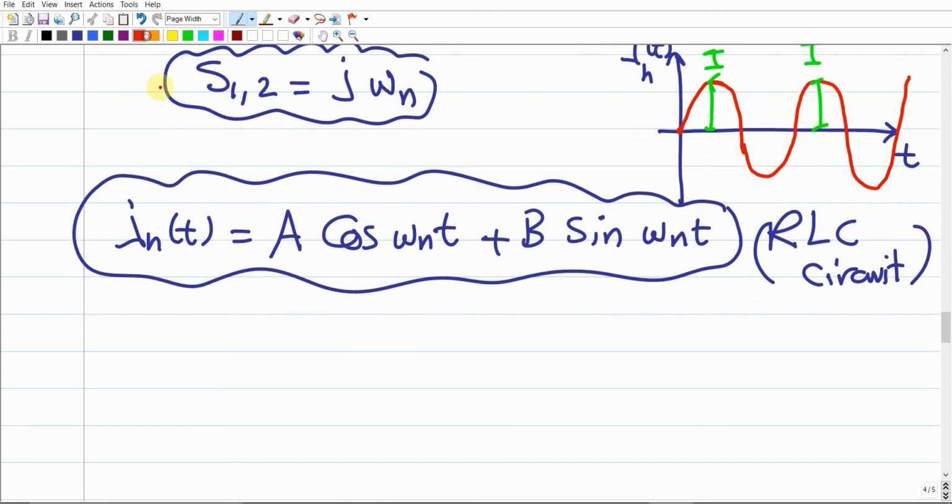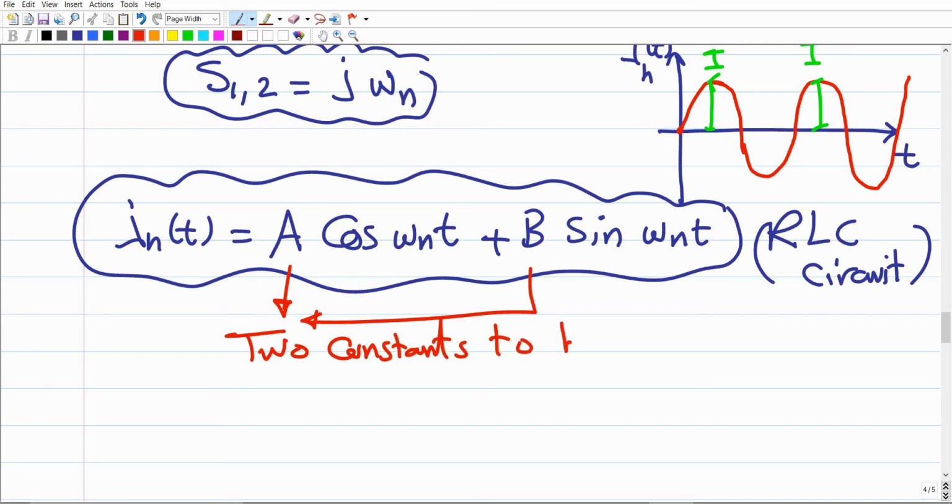In terms of A and B, these are two constants to be determined using the initial conditions.